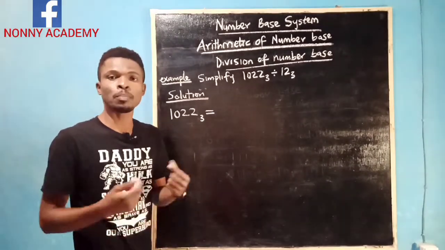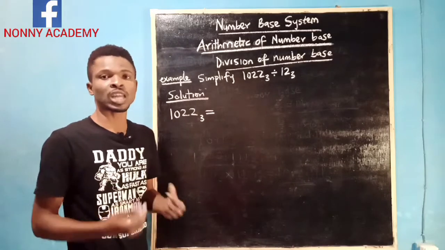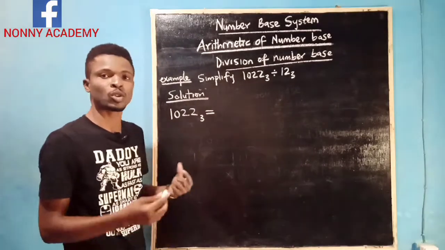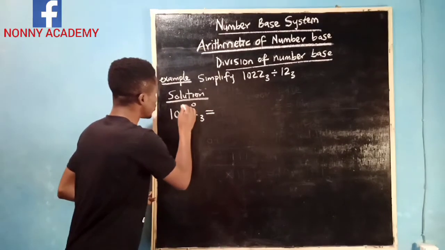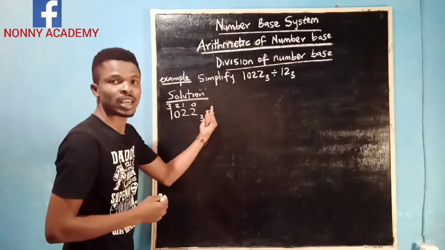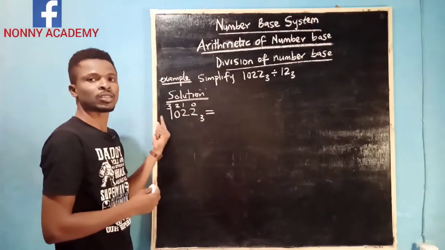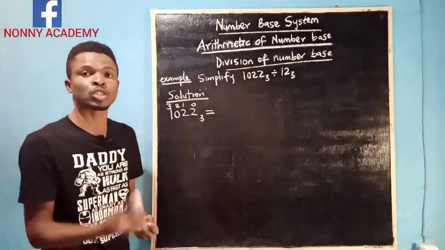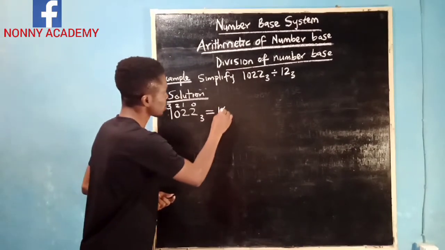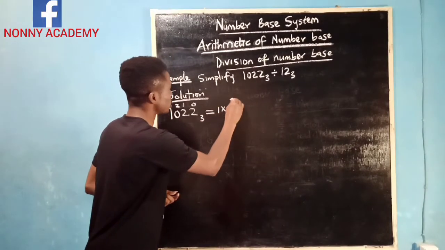I'll start by putting a power on each of the digits, starting from 0, from my right hand side down to my left hand side. So here I have 0, 1, 2, 3, from my right hand side down to my left hand side. And the next thing, I will start using the successive multiplication method. Here we have 1 times 3 raised to power 3.